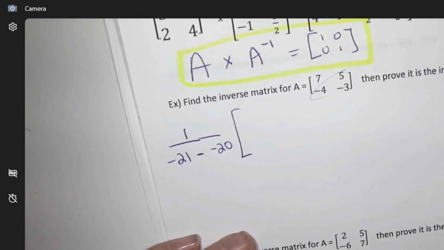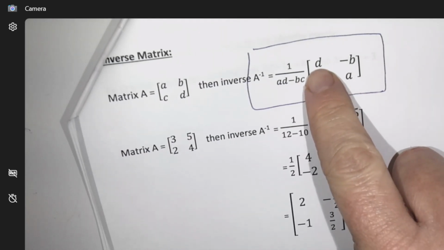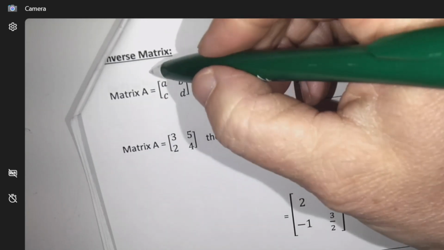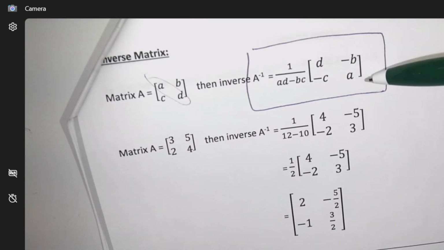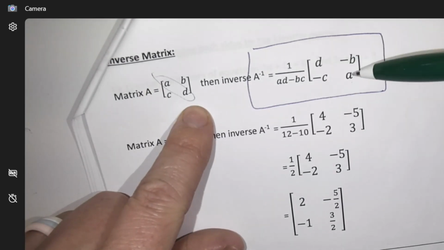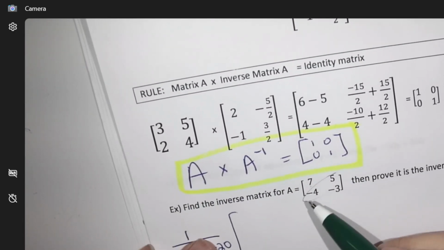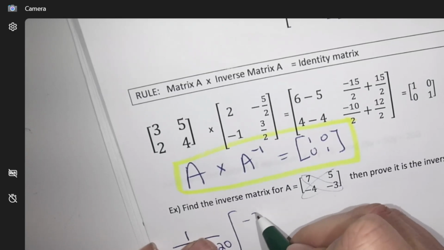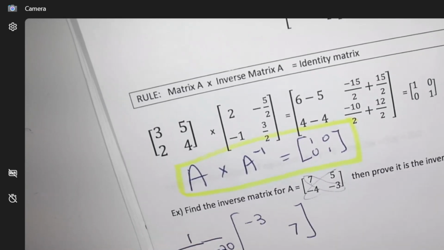And then we're going to times it by, so the A and the D diagonals have to switch positions. So switch those two, because you see AD, now it's DA. So switching the positions there means negative 3 there and 7 there.